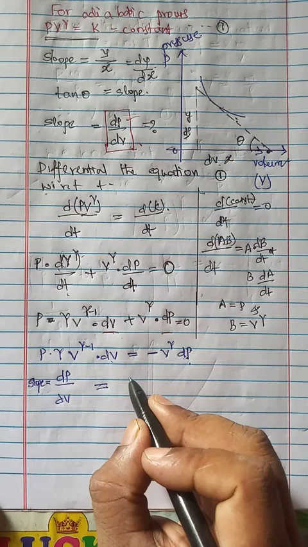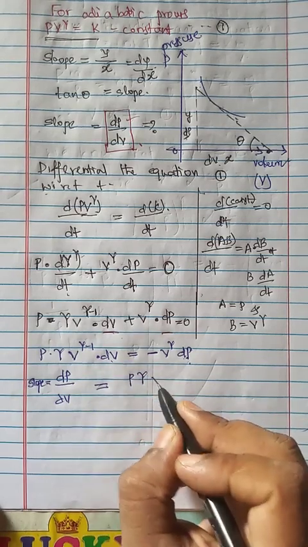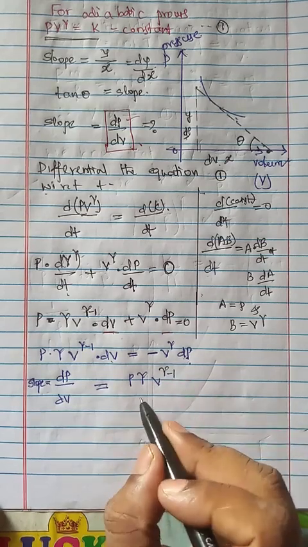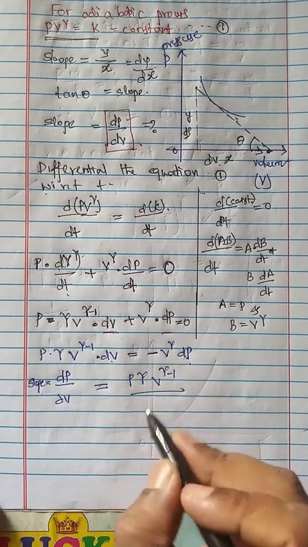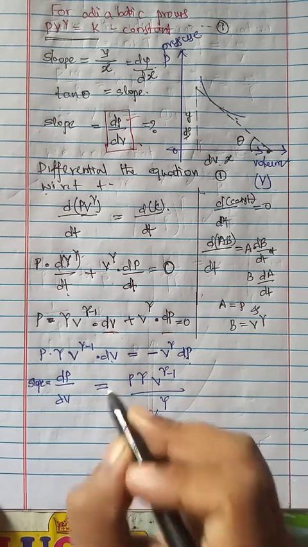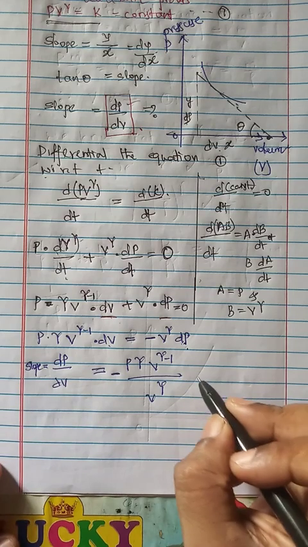So you are getting P into gamma V to the power gamma minus 1 whole divided by V to the power gamma along with the minus sign. Correct?